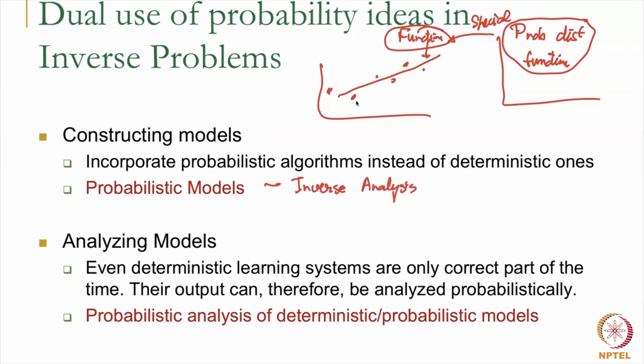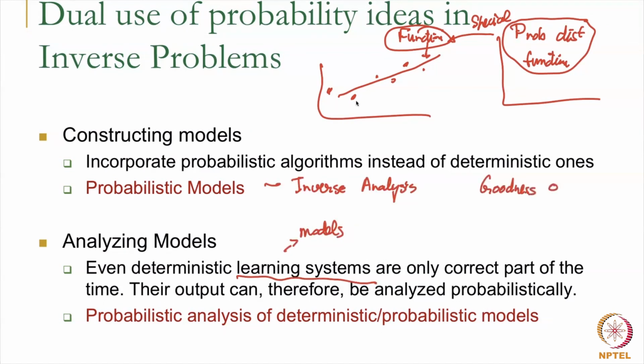The other way in which you can use probability ideas is even if you use deterministic learning systems or deterministic models, they are only correct part of the time. So for example, you might remember goodness of fit. How good is the fit?